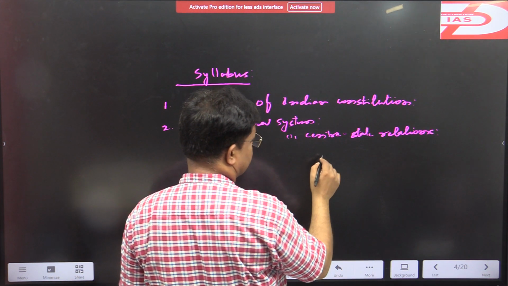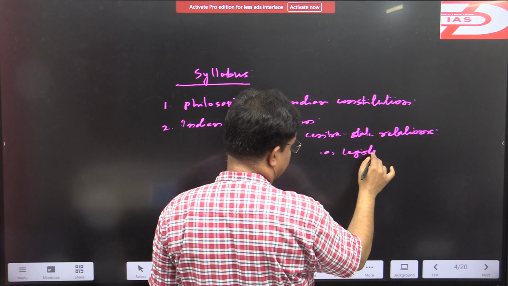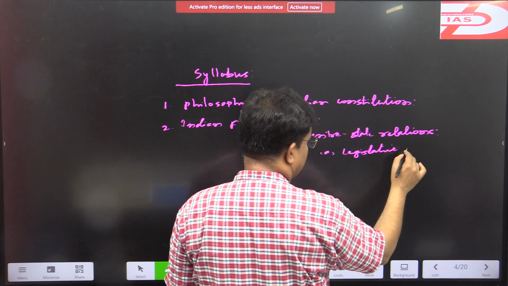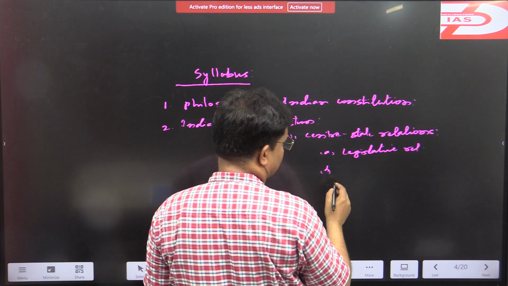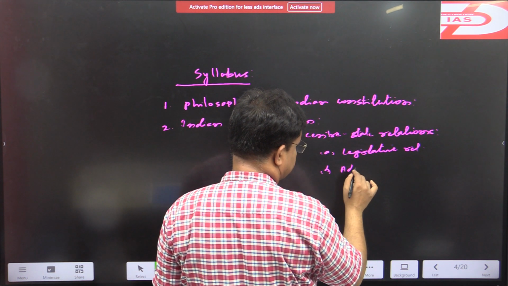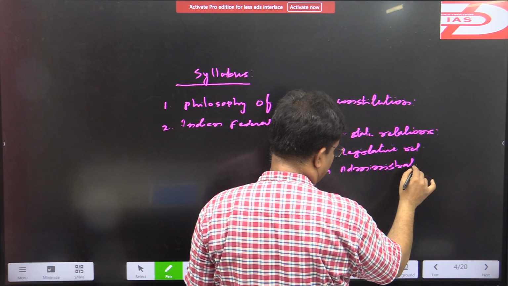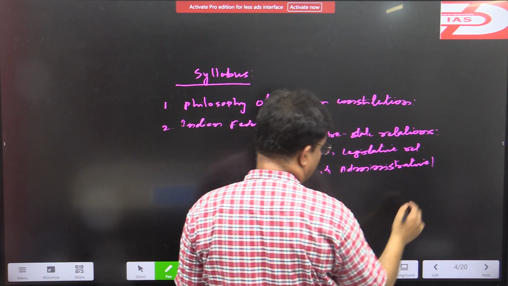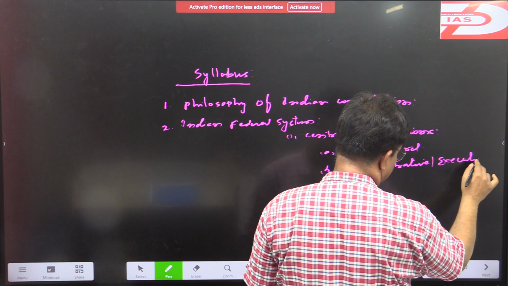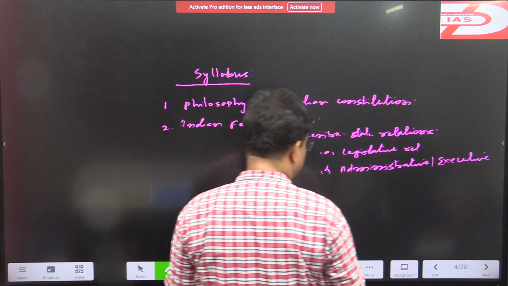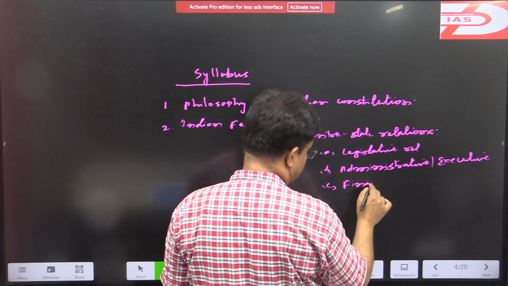Under this section, center-state legislative relation, administrative or executive relation, third, financial relation.